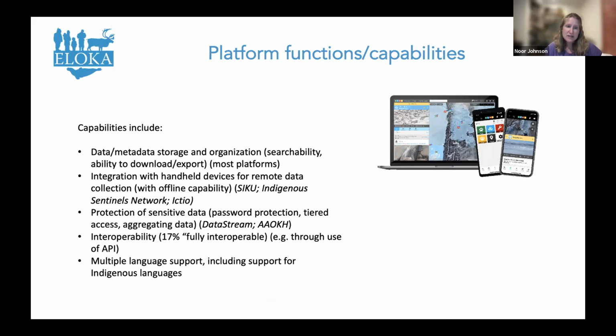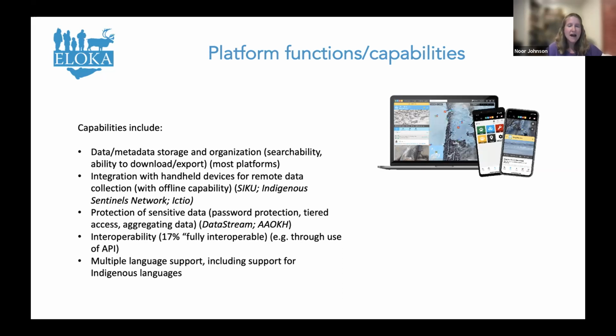Another top priority was integration with handheld devices for remote data collection, and a number of programs talked about the importance of having offline capability for both viewing and entering data into these devices. And then another capability was the protection of sensitive data. So there are different ways that platforms tried to protect data, and that programs interacted with platforms in order to do this.